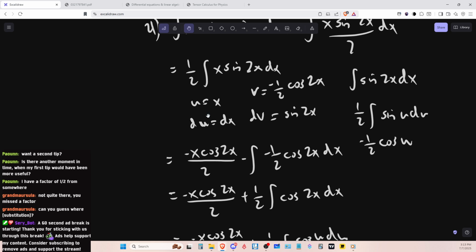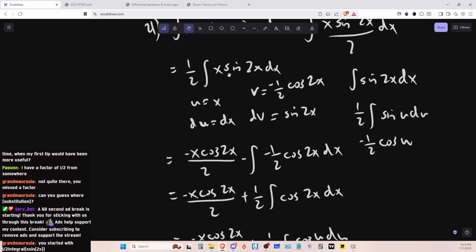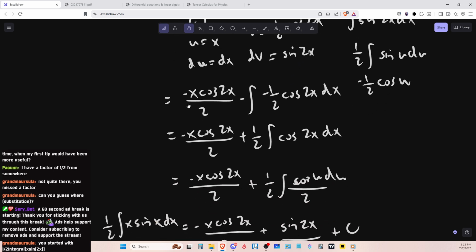Let's see. Yeah, that's right. Over here, if it's sine or negative cosine, just half. Yeah, if you integrate that, that's what you end up with.